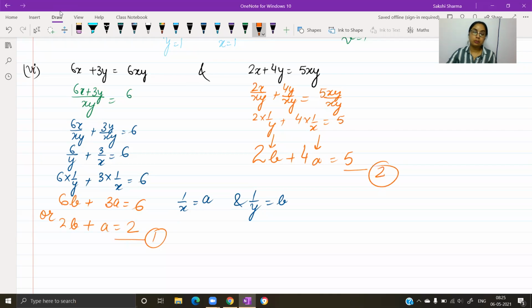You may work with equations number 1 and 2 and obtain the values for A and B. Anyone who has solved? A is 1, B is 1 by 2. Ma'am, V is equal to 1, U is equal to 1 by 2. A is 1, B is 1 by 2.